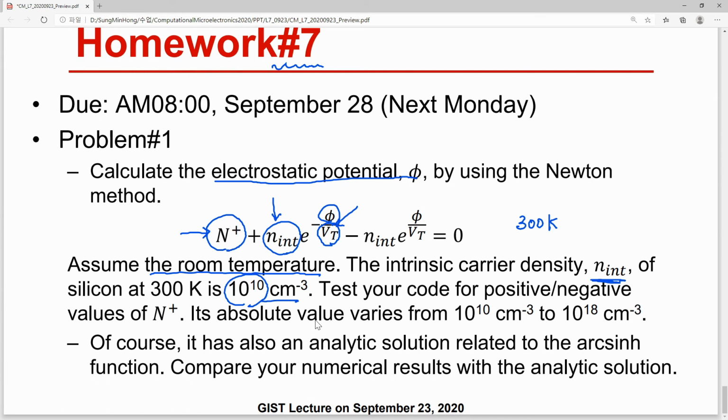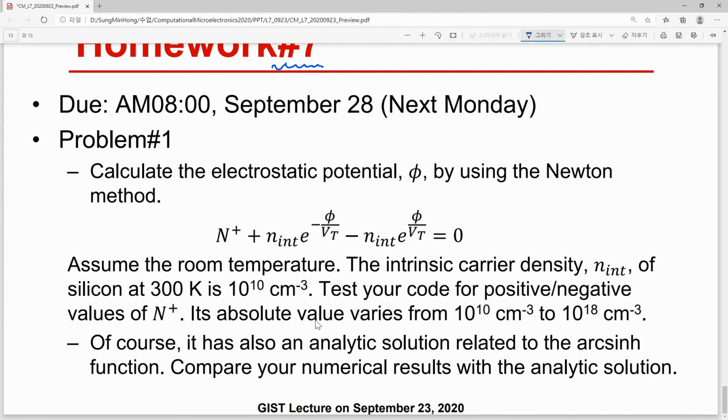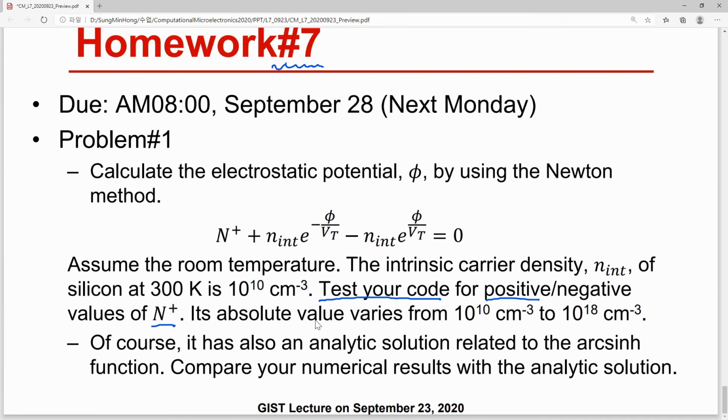Now your goal is to numerically solve this equation. Starting from a certain initial guess, you should get the numerical solution for this equation. Please test your code for positive n plus values corresponding to n-type, and also test the same magnitudes but negative values of n plus corresponding to p-type material.